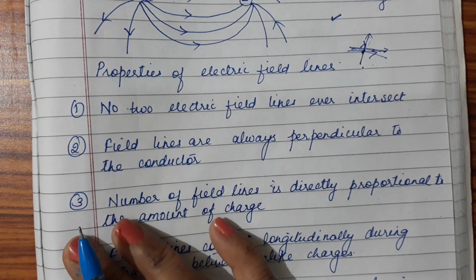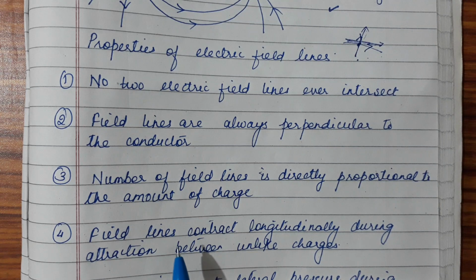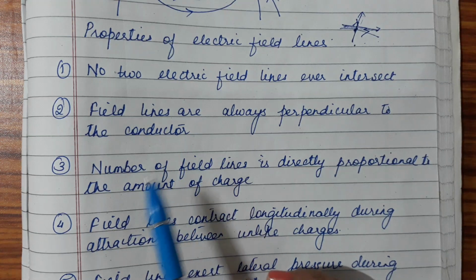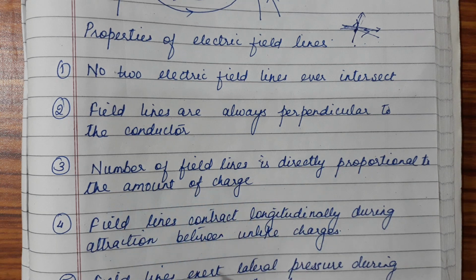The next property is that field lines are always perpendicular to the conductor. Next, the number of field lines is directly proportional to the amount of charge.